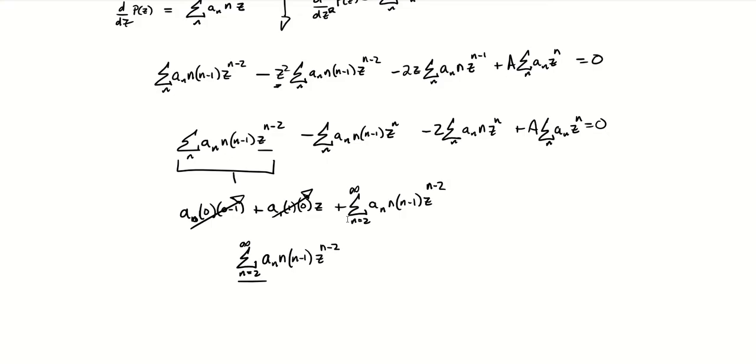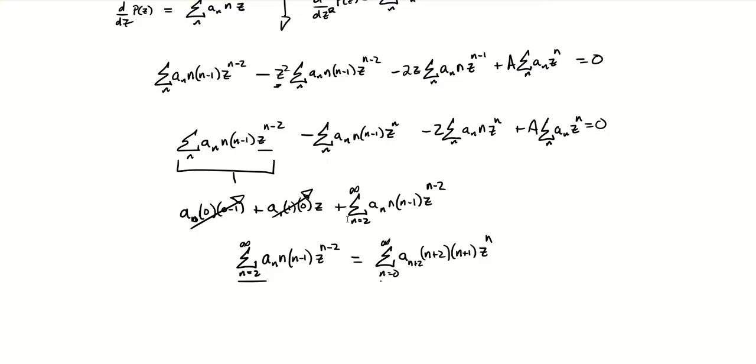It's a variable, so we can shift it by 2, and this ends up being the sum over n equals 0 to infinity of a sub n plus 2 times (n plus 2) times (n plus 1) z to the n, right?